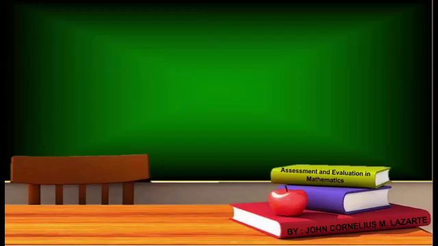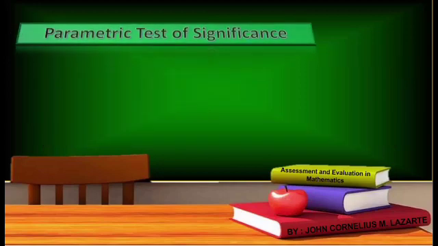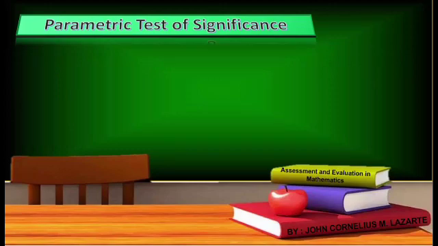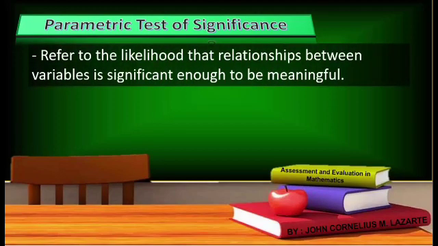Under bivariate analysis, we have statistical methods such as the parametric test of significance, wherein this test refers to the likelihood that the relationship between variables is significant enough to be meaningful. That means this assumes that there is a significant relationship between two variables.